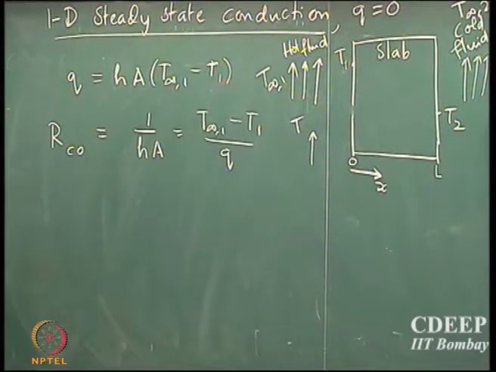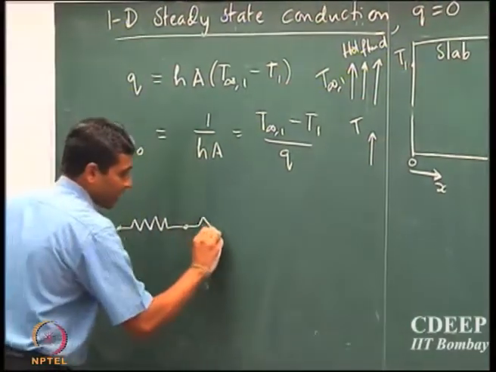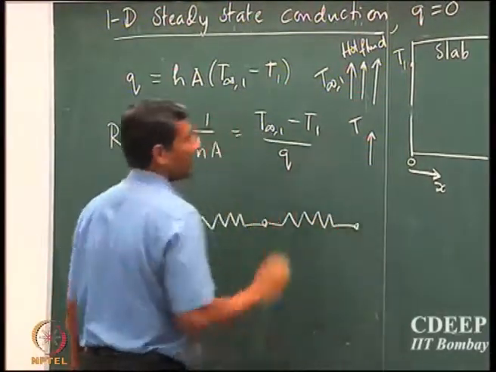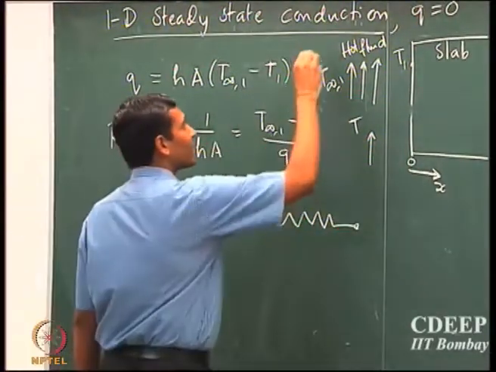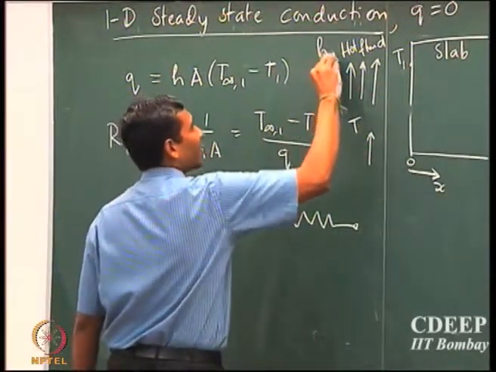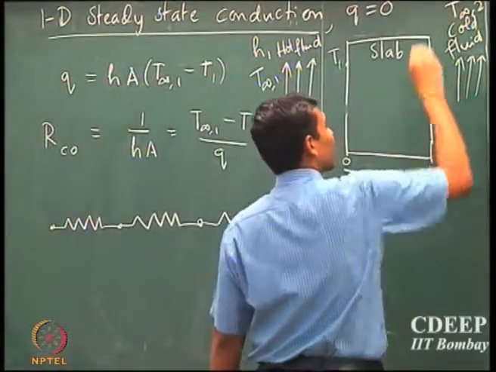Okay. All right. So now we can extend this resistance network into 3 resistances. Supposing the heat transport coefficient from the hot fluid to the slab is, let's say, h1, and from the slab to the cold fluid it is h2.